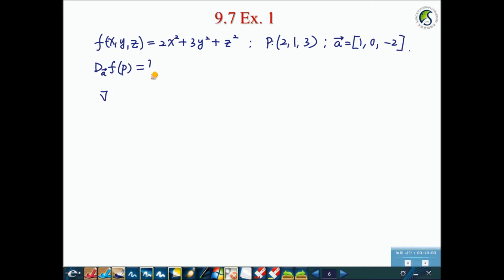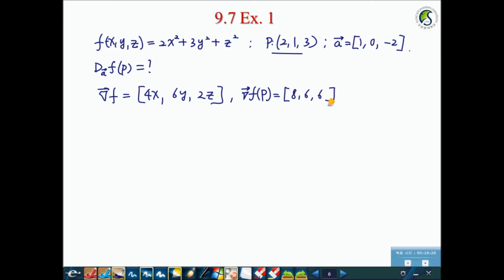Gradient f with respect to x is 4x, and 6y, and 2z. And gradient f of P, you plug these numbers in, and that's (8, 6, 6). So it has some direction already at point P. And A is not a unit vector, so you have to divide it by its length.